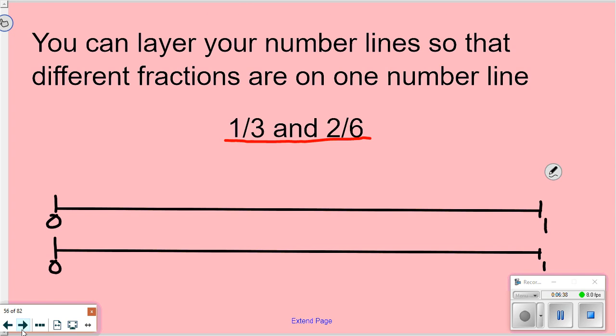3. Go ahead and partition that first number line into thirds. So far, so good.